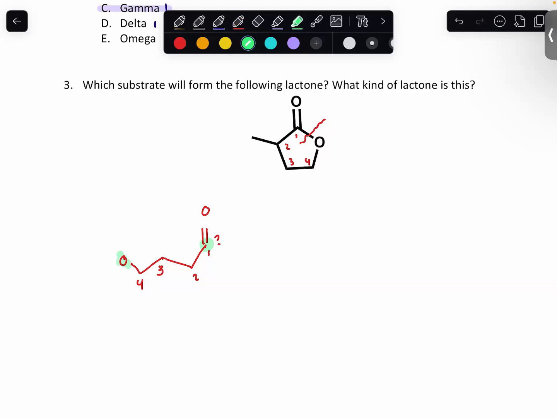What are we missing when we flatten out the molecule? The OH.